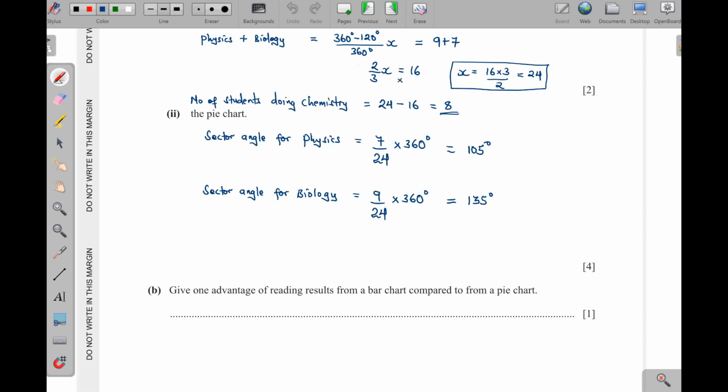So I would say that the bar chart gives frequencies, whereas the pie chart gives proportions, as simple as that.